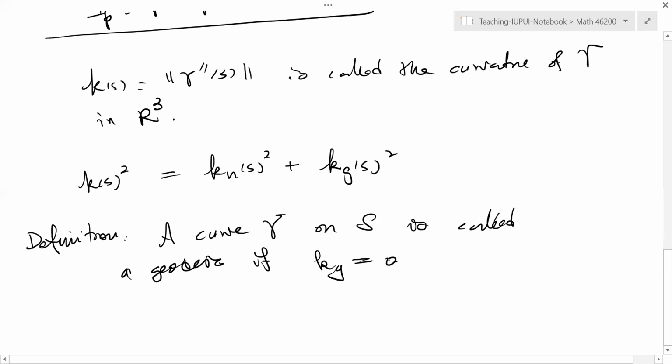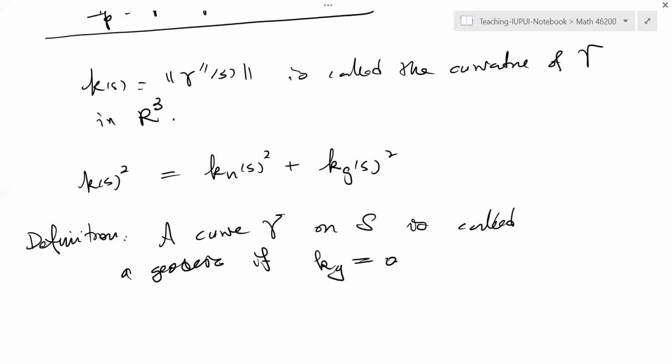Now, the geodesic curvature is defined using the arc length, but you can also get a formula to compute the curvature without using arc length. So we can take a look at the previous formula. Do we have the formula there? I think so. We have the formula without using arc length.